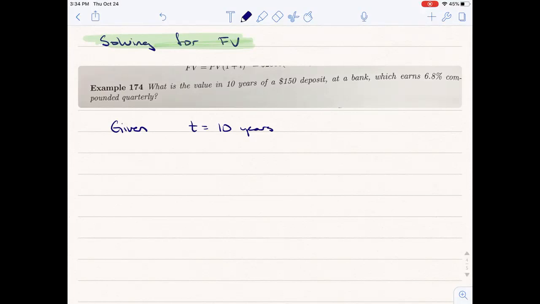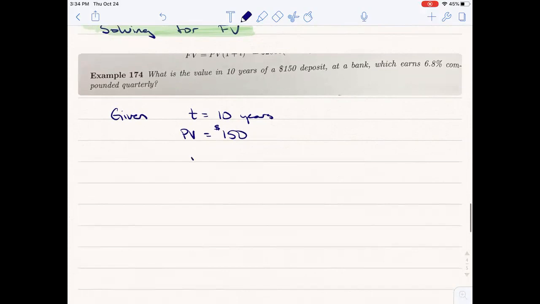And so the present value is $150, which earns 6.8% compounded quarterly. That 6.8% is still R. So that's what I mean. These problems are still going to give you R and T and a compounding frequency, and you have to take those to find I and N. So R is 0.068, and then compounded quarterly, and so F is 4.